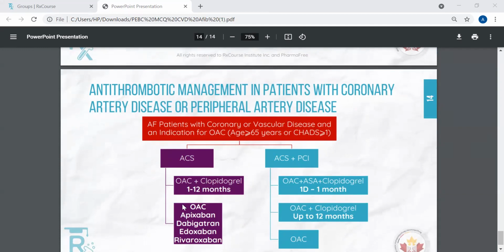If the patient has acute coronary syndrome without PCI, and Shamsi, you were asking me a question regarding that. I remember it, I will answer it after finishing here.